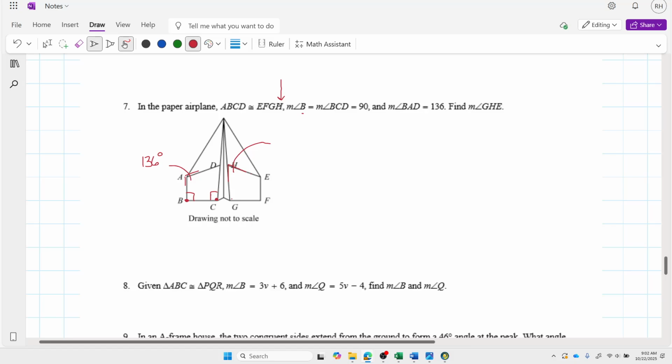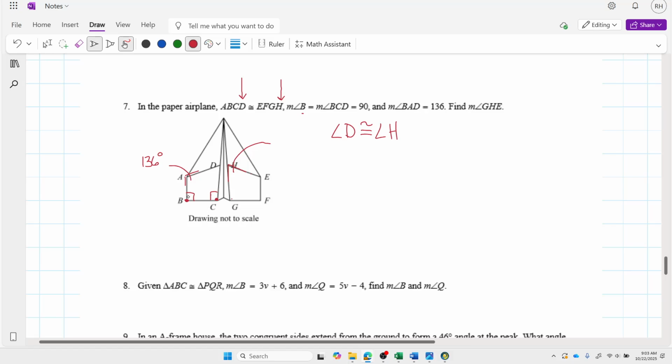And it's in the same position as angle D in this description. So that means that angle D is congruent to angle H. So we just need to find angle D, because those two are the same. And the measure of GHE is the same as angle H.